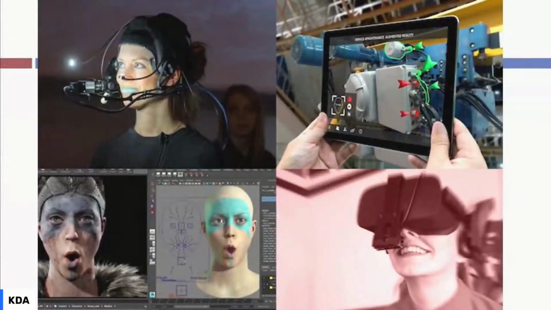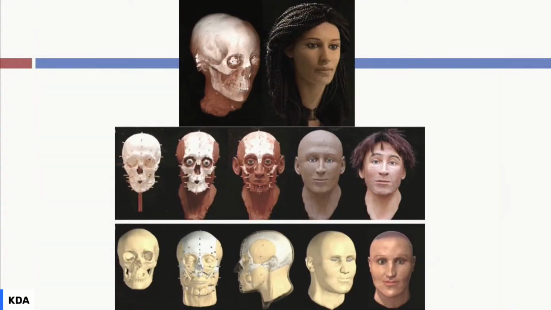So that has been used also with the time dimension, in which the facial scanning was augmented with augmented reality in order to predict movements. In the field of archaeology, you get a CT scan of an archaeological specimen, and from that we try to predict the soft tissue profile.